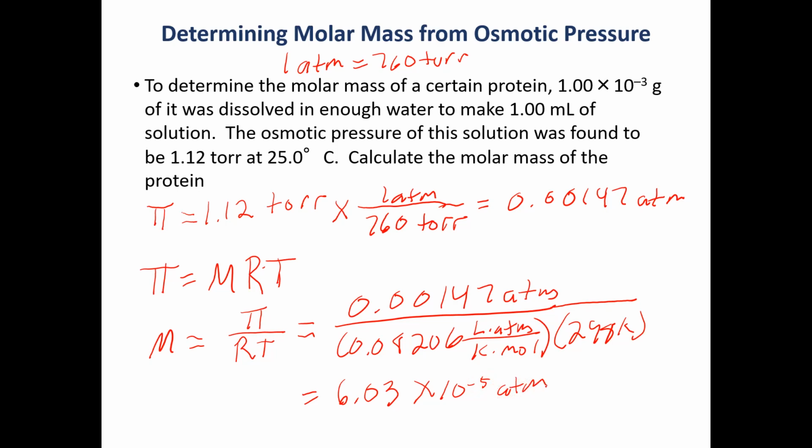So we're not quite done yet because we calculated the molarity. The question wants to know the molar mass of this protein. So the next thing that we need to do is calculate how many moles we have and then use that to get molar mass.